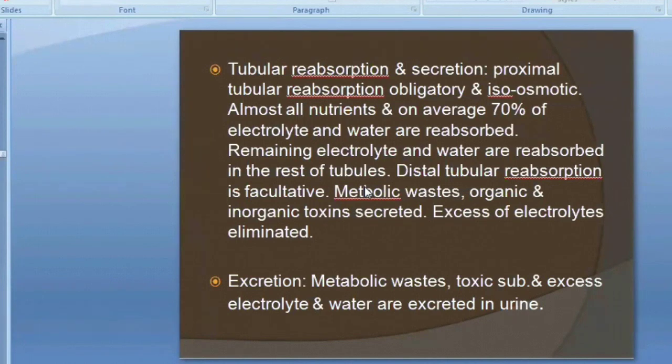So you understand the difference between secretion and excretion. Excretion means total elimination from the body, and secretion is like gastric juice, which is secreted for formation of the bolus. Here in the kidneys there is secretion of hydrogen ion. Hydrogen ion is secreted for reabsorption of the bicarbonate ions. Is it clear?